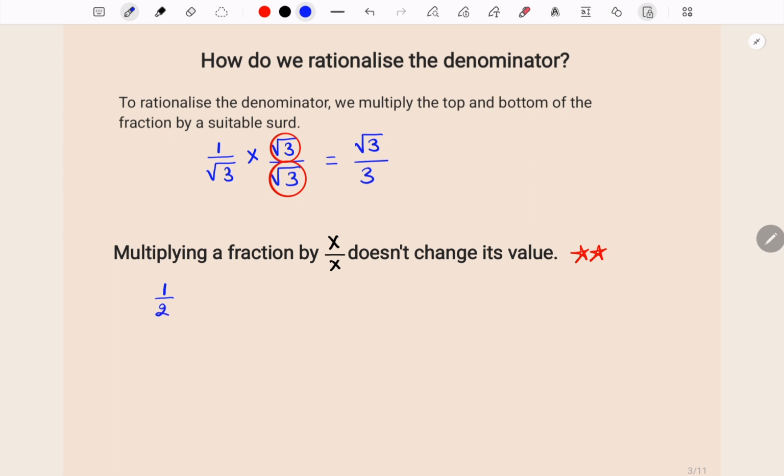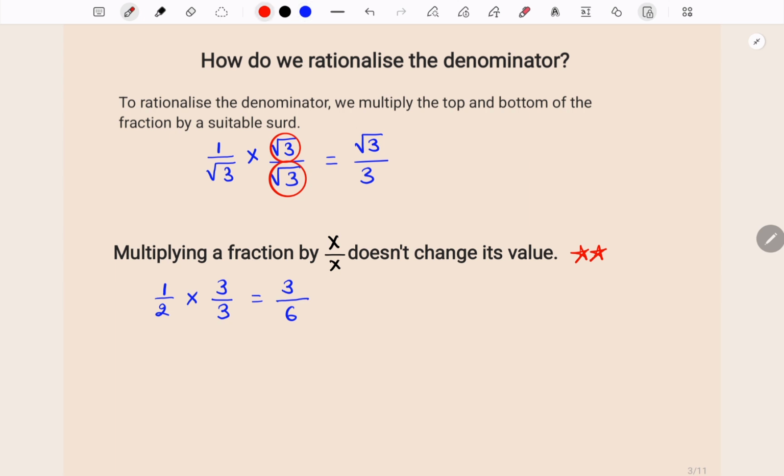And now if I multiply this fraction with 3 over 3, look carefully that this 3 over 3 is in the form of x over x. That means I am multiplying the top and the bottom with the same number. Now let's multiply this. We have 1 times 3 is 3 and 2 times 3 is 6.